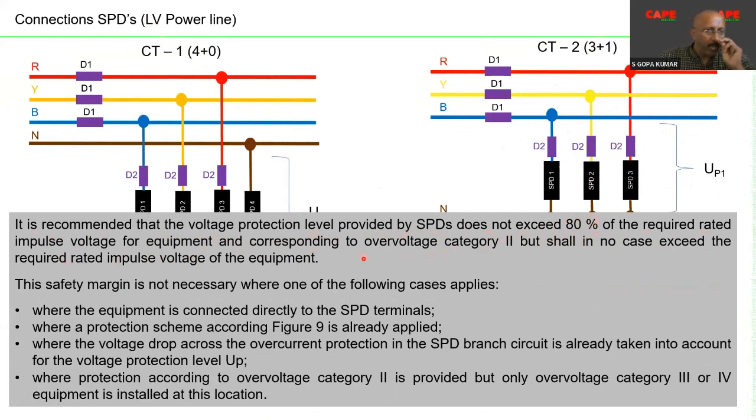So these conditions we should always read carefully and then select. It also means before buying an SPD, please go through the specification of the SPD. We have to be very careful. SPD is a new product in the market.